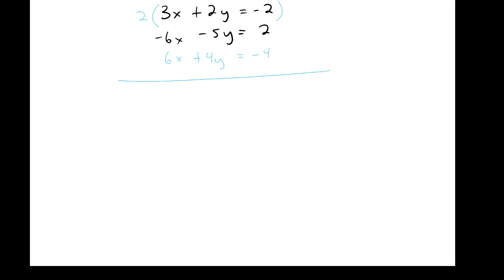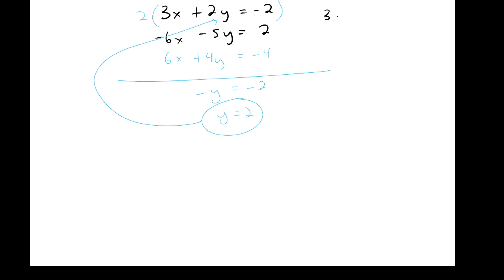Okay? So now I can combine. Negative 6x and x is 0. Negative 5y and 4y is negative y. And 2 and negative 4 is negative 2. So y is going to be equal to positive 2. I'm going to take this y, and I can plug it in wherever I want. I can plug it into any one of those 3 equations. It's going to wind up giving me the same thing. I'm going to go back and put it into the very first one, the original. Okay?